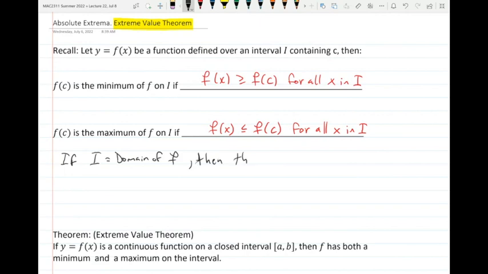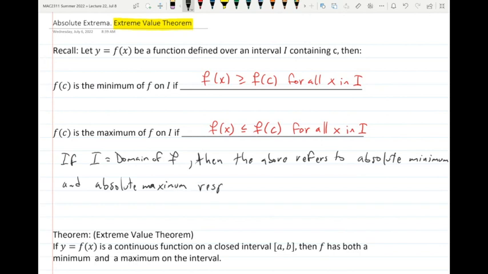then the above refers to absolute minimum and absolute maximum, respectively.